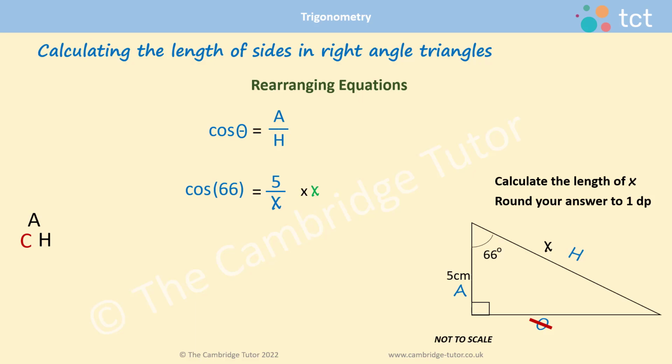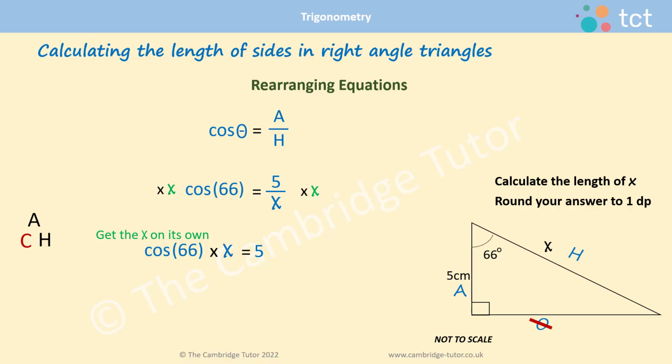So multiplied by x, and because you're multiplying that side by x, you do the same with the other side. 5 multiplied by x. So on this side of the equation, you now have the cos of 66 times by x. That equals 5.